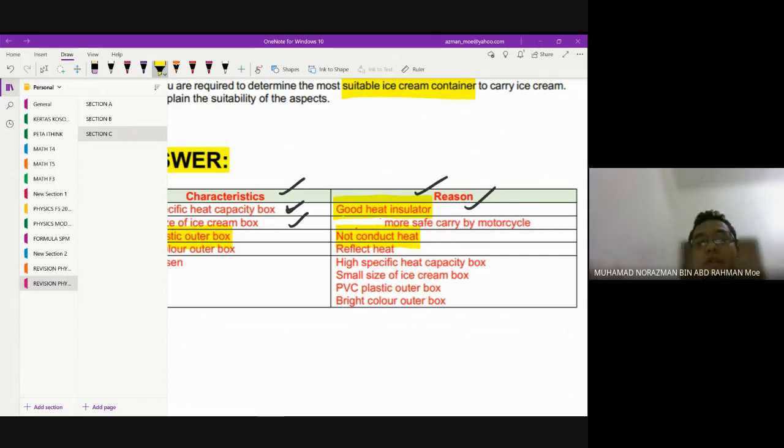For the first one, good heat insulator, so for this reason you change the sentence: do not conduct heat.